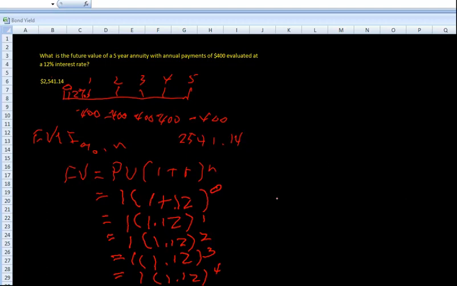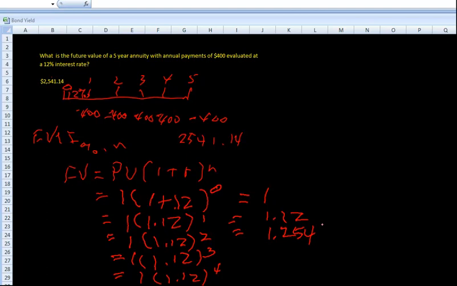And if we calculate each of these out, 1.12 to the 0 power equals 1, because it's 1 times 1. Okay, and if we do the second one, this is going to be 1.12. If we do the third one, if you calculate this out, it's going to be 1.254, and I'm rounding, so if you do it on your calculator, you might get a different amount.